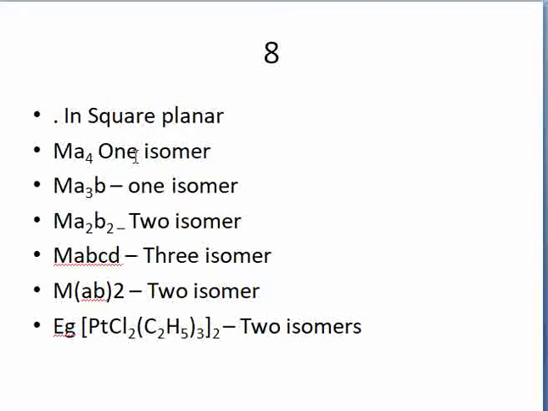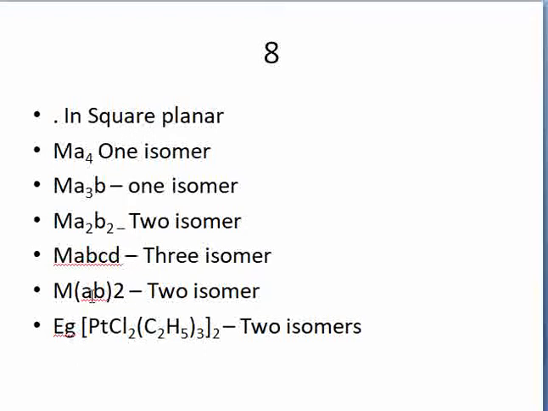For MA3B, also only one isomer; you will not get any other isomers. For MA2B2, there are two isomers, cis and trans. If all four ligands are different, you'll get 3 isomers. We can expect questions based on this.